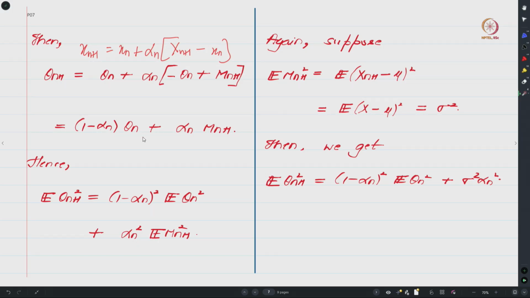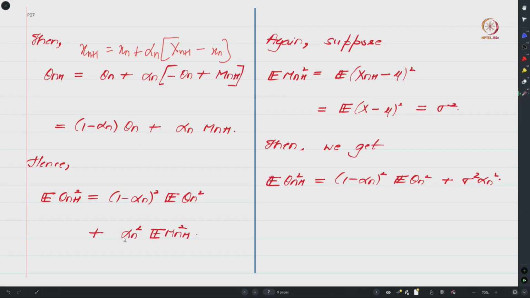Then the square of this expression is (1 minus alpha_n) squared times the expected value of theta_n squared plus alpha_n squared times the expected value of M_{n+1} squared. So we would have ended up with a cross term, but since the expected value of M_{n+1} is 0, that cross term vanishes, right, and hence we only have the square of the first term and the square of the second term, right.